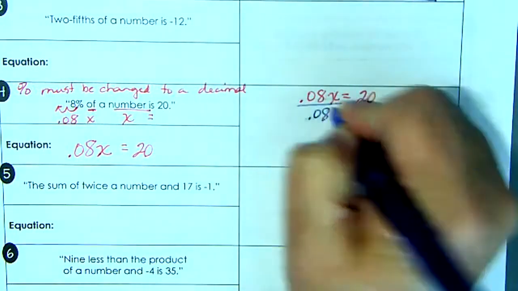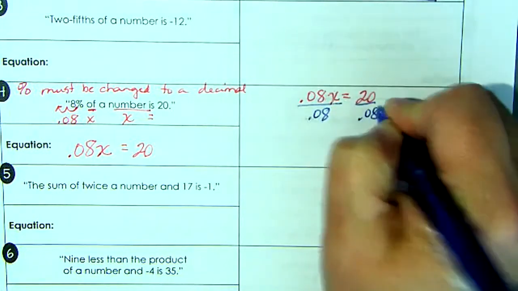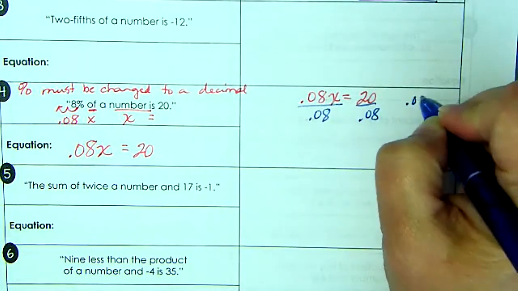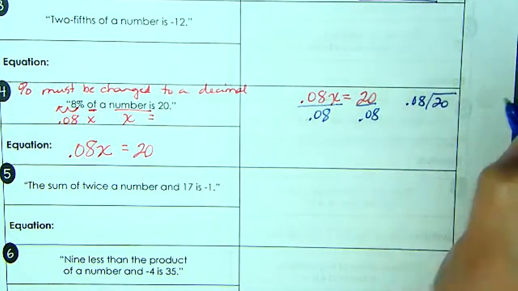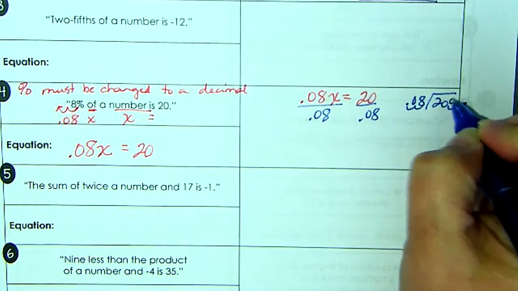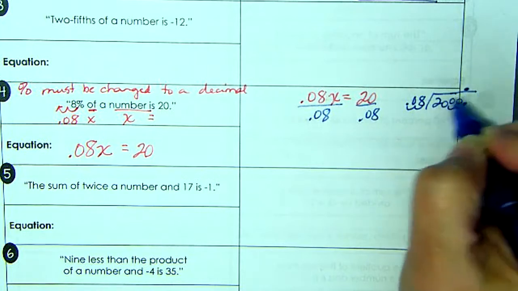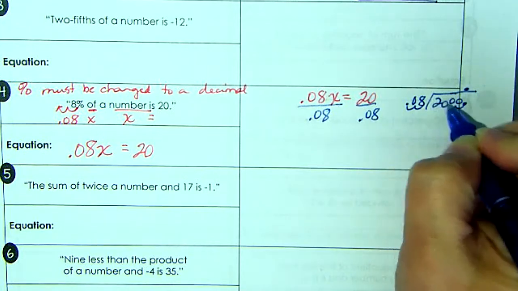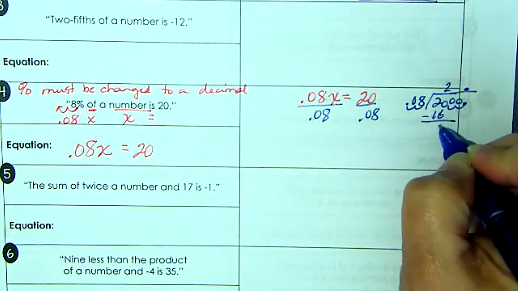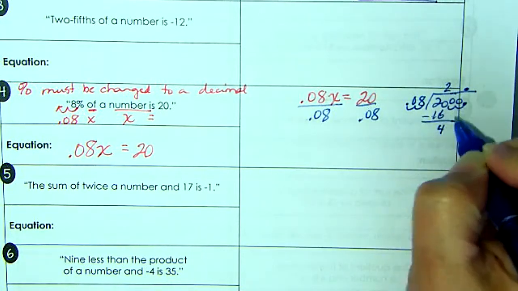Now I solve. Divide by 0.08. I don't know how to do that mentally, so we have to write those calculations off to the side. Move 2 decimal places on the outside, move 2 decimal places on the inside, and put the zeros. So 8 goes into 20 twice, 2 times 8 is 16, with 4 left over.